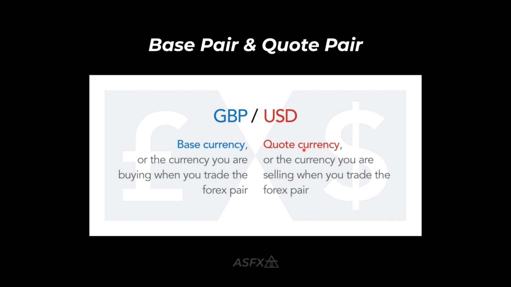The quote currency is the currency that you're selling, because when you are trading in the Forex market, you're simultaneously buying one currency and selling another currency. So if you're long GBP/USD, you're buying the pound and selling the dollar. If you're short GBP/USD, you're selling GBP and buying the dollar. Make sense? Good. So let's keep moving.